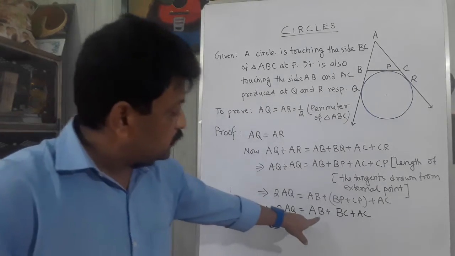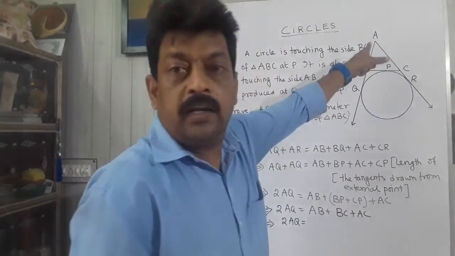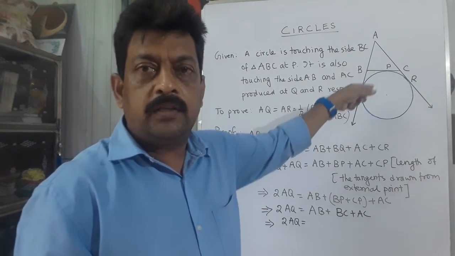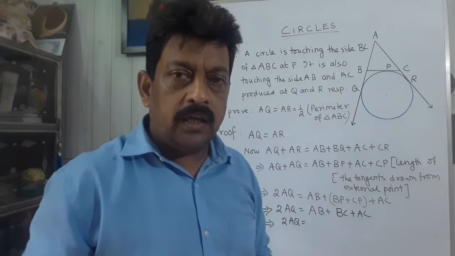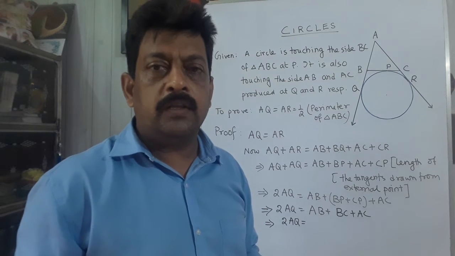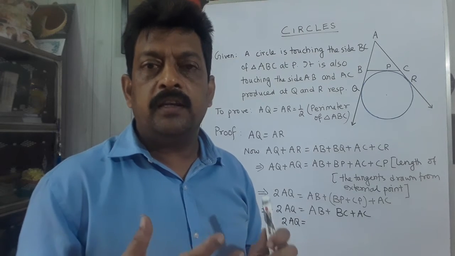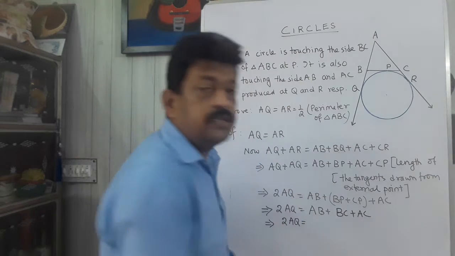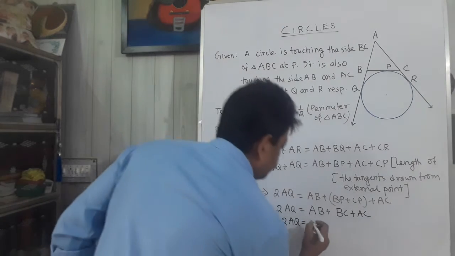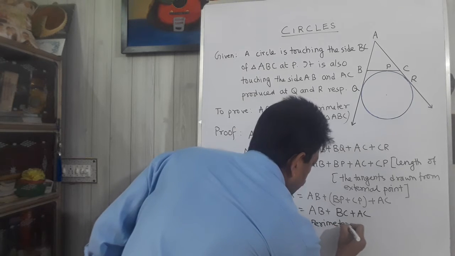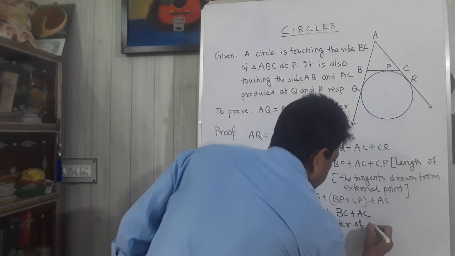It is the sum of all the three sides of triangle ABC, AB plus BC plus AC. We all know that the sum of all the three sides of a triangle is the perimeter of the triangle. Hence AB plus BC plus AC is the perimeter of triangle ABC.